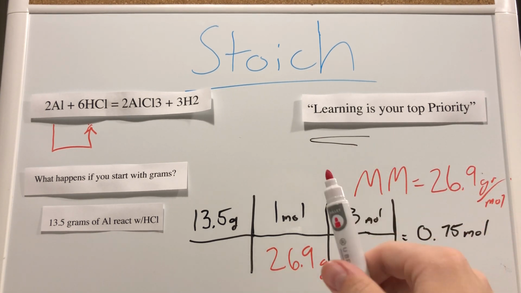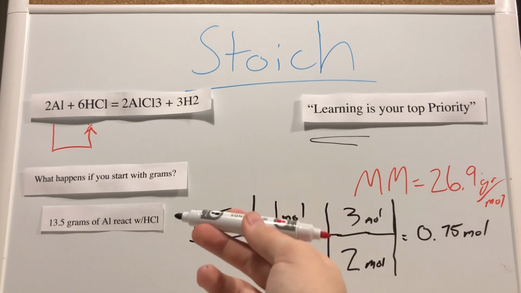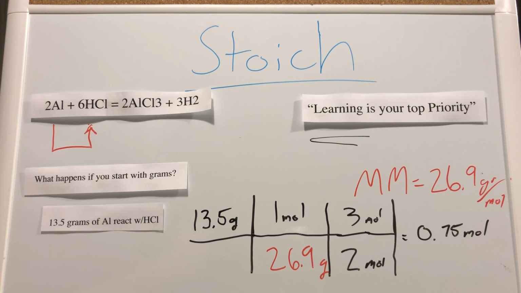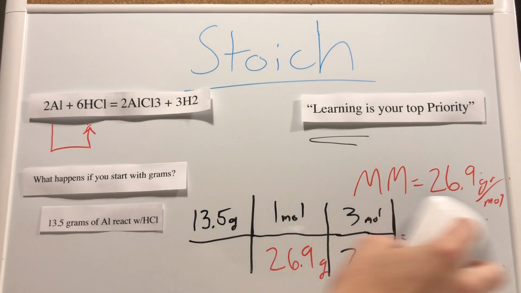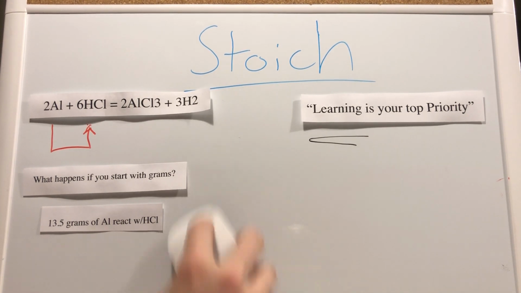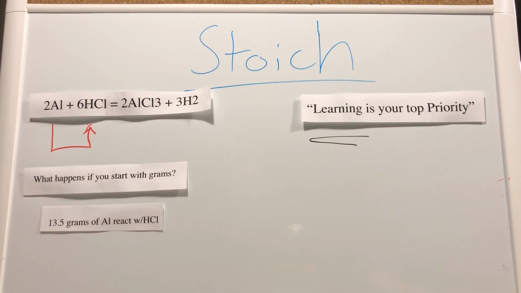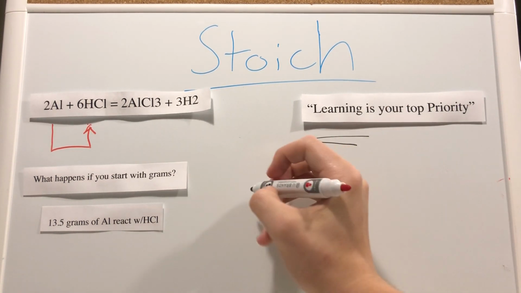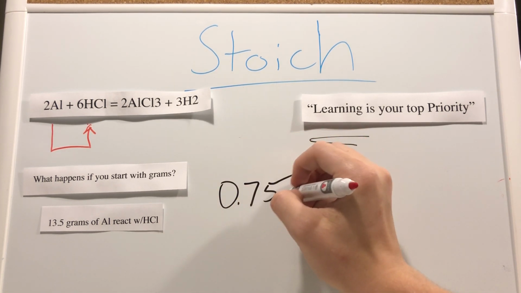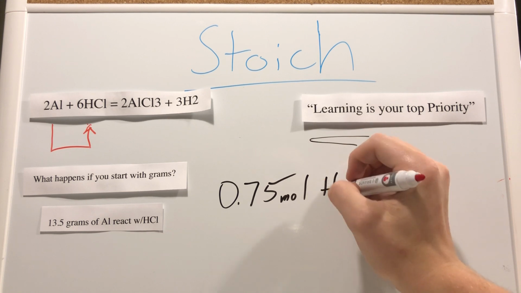But normally with these chem problems, if they give it to you in grams, they want it in grams. So let's just go back. So we have our 0.75 moles of H2.